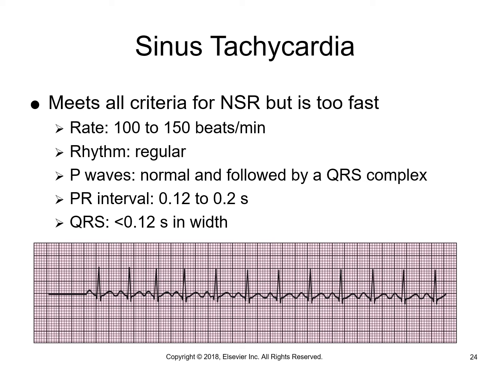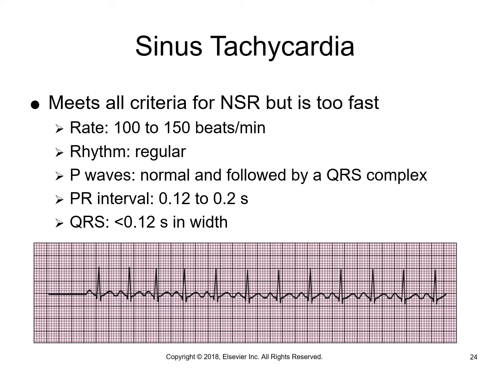And we should be worried about this because it can increase our oxygen demands. It can decrease cardiac output, decrease blood pressure, decrease filling time, decrease coronary artery perfusion. So these are things that we need to look at.